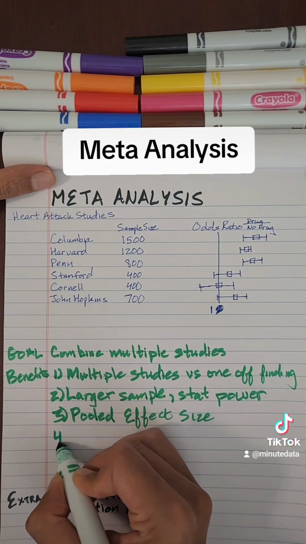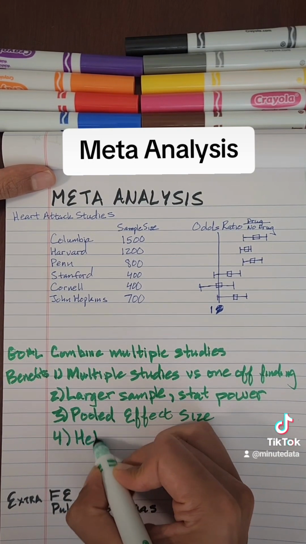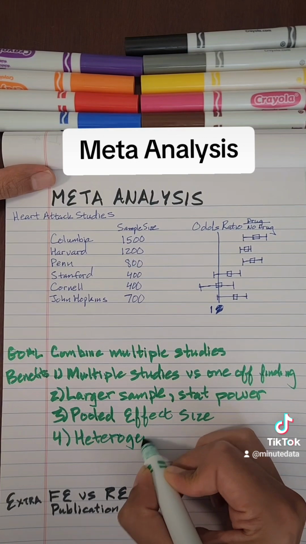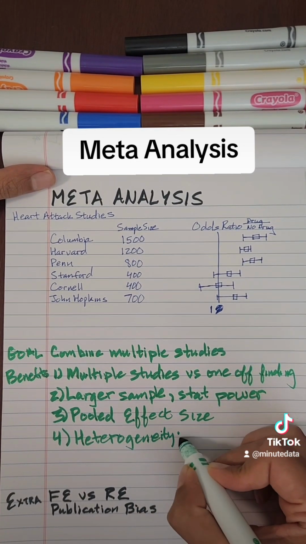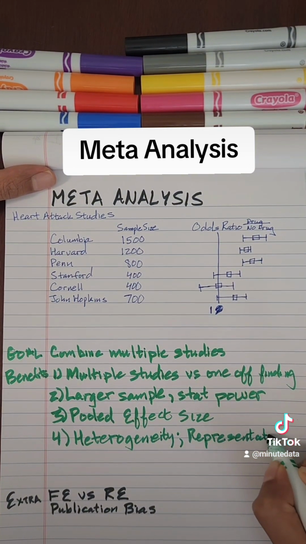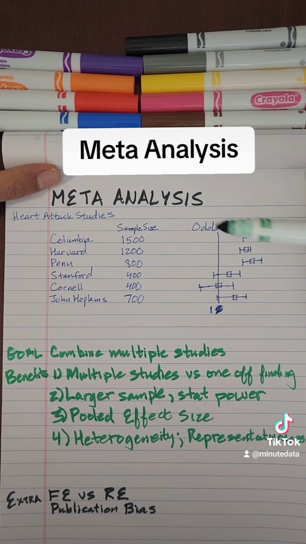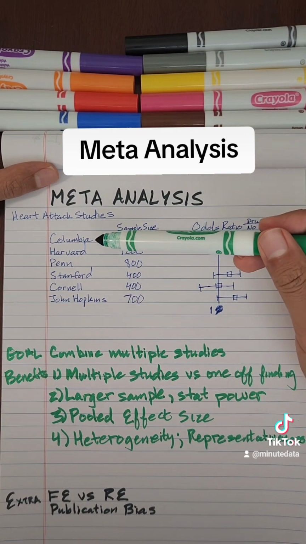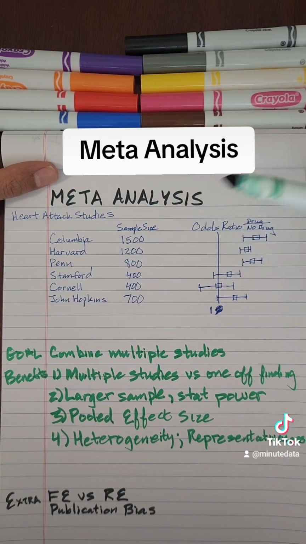And then maybe a fourth benefit we'll talk about is heterogeneity and representativeness. So say you're trying to make a statement about the population, but naturally these universities take patients from specific populations. Columbia, for example, is in New York City. Penn is in Philadelphia. They're big cities.